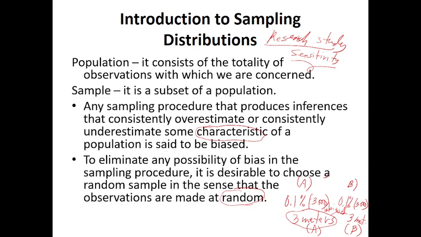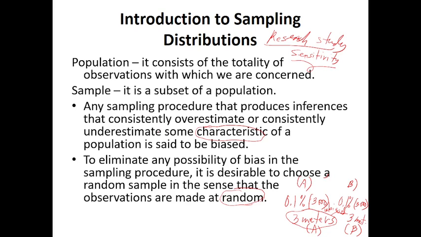So, ganun din sa meter type B. Ganun din ang gagawin mo. Baka puro bago yung piliin mo. So, dapat maging fair. Para yung characteristic ng population ay hindi ma-overestimate or ma-underestimate. Okay? So, yun ang goal ng ating research.